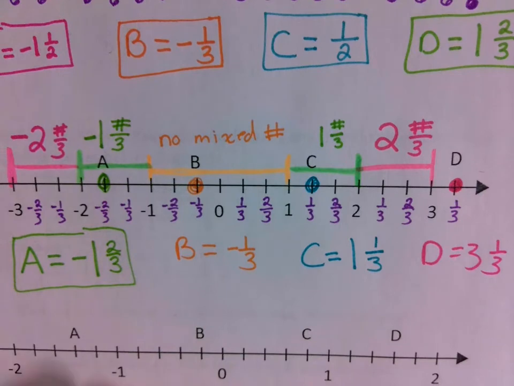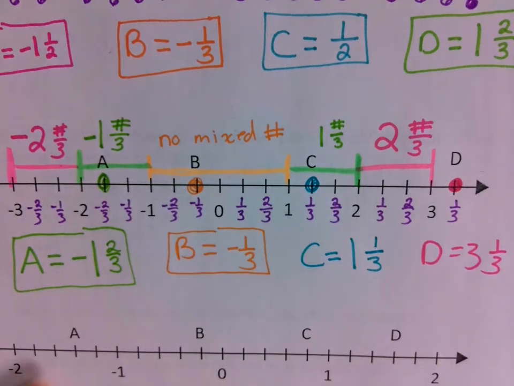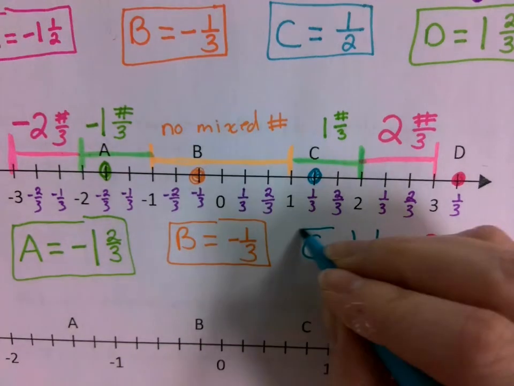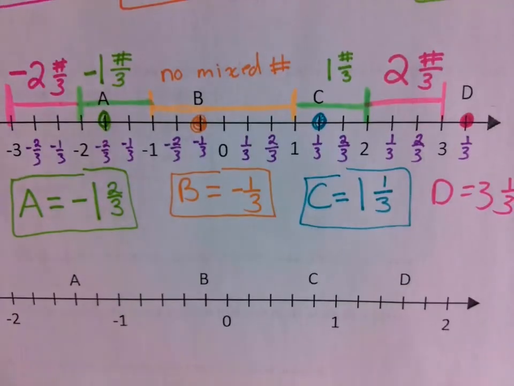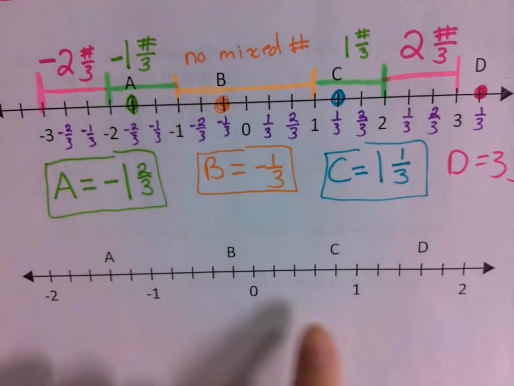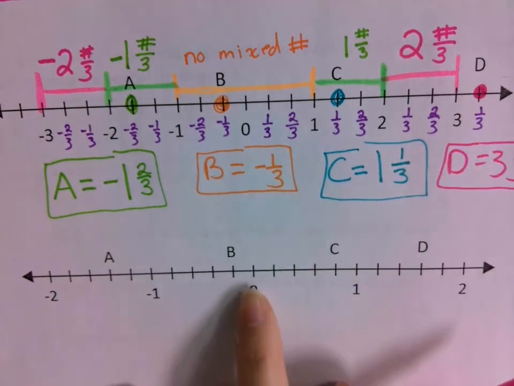I want you guys to try this bottom line on your own. Before you start telling me what they are labeled, what the A, B, C, D is, I want you to first find out what the fraction is going to be. What do each of these little tally marks represent as a fraction? Remember, you start at 0 and you count how many spots it takes you to land on 1.